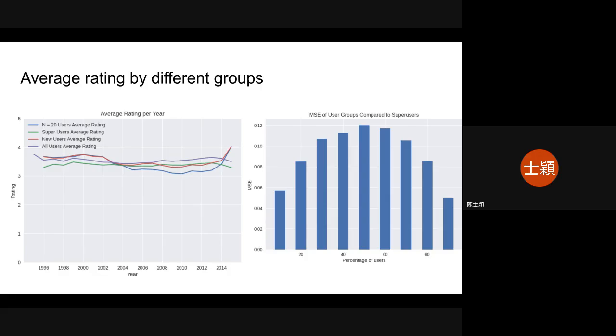And we can see on the chart that there are different rating trends for users who rated fewer movies and users who rated a lot of movies. Especially for the n equals 20 users, which is the minimum we can find in the data set here.